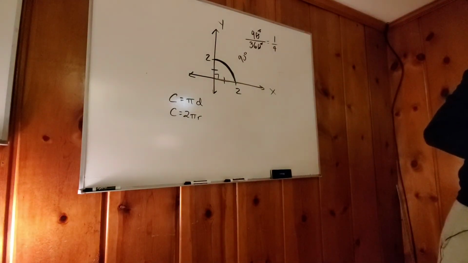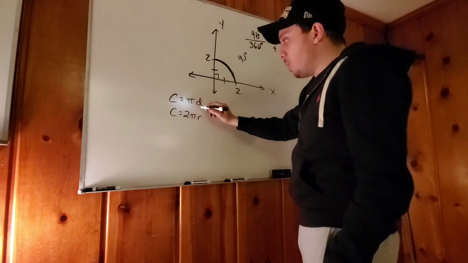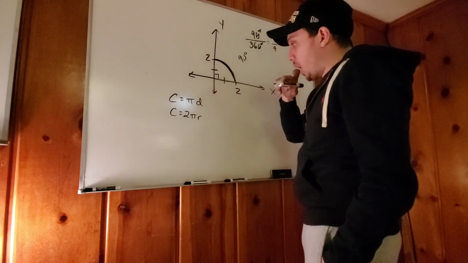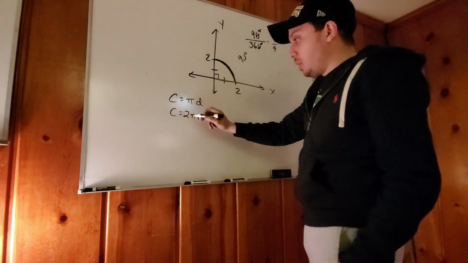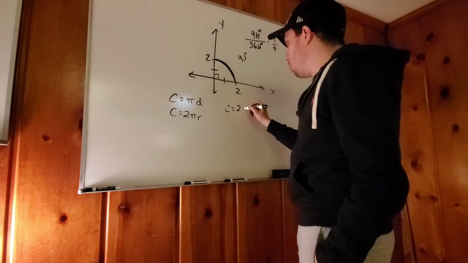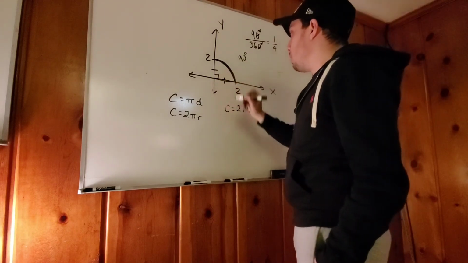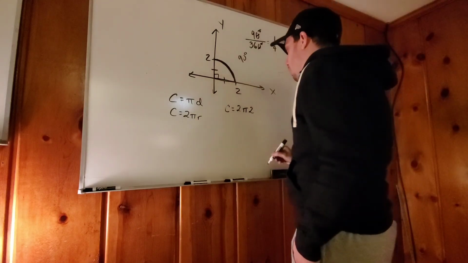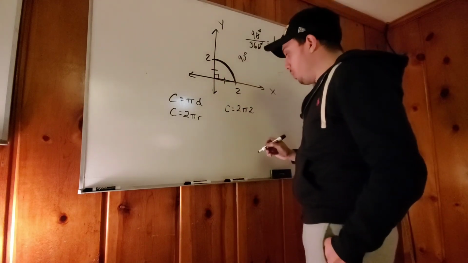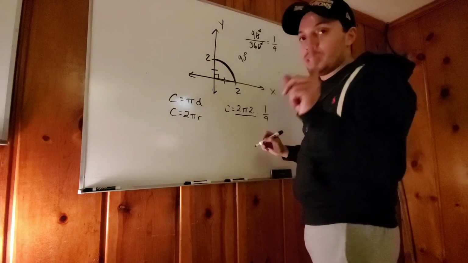Right? Yay. So let's use this one. Actually, I think that one would be really easy. So the circumference would be 2 pi times 2. Why 2? Because that's a radius. The radius is 2 here, and the radius is 2 here. So 2 pi 2 times 1/4. Well, look at what's going to happen here.